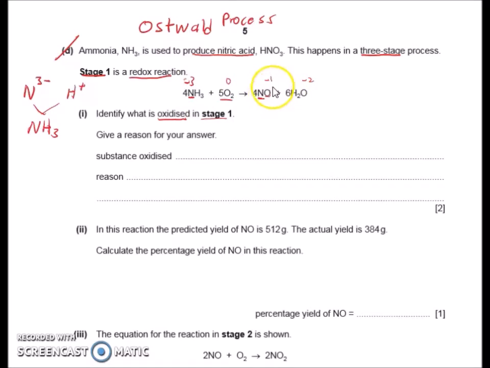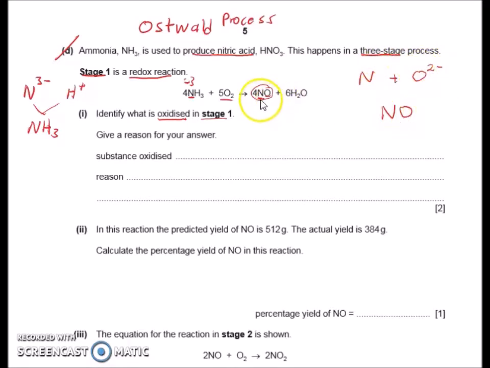Now let us look at nitrogen here. I'm not sure about the ion here. Now let us check with oxygen. Oxygen normally has 2 negative.